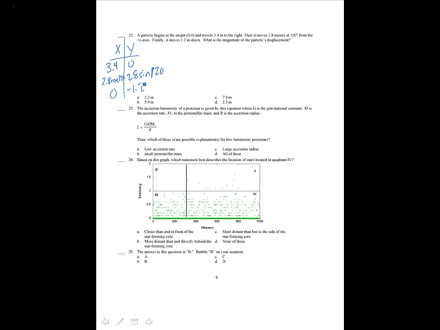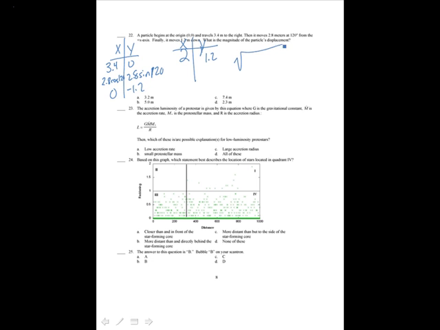Now I want to add those up, 3.4 plus 2.8 cosine of 120. That gives me 2 for the x component, and 2.8 sine of 120 minus 1.2 gives me 1.2.